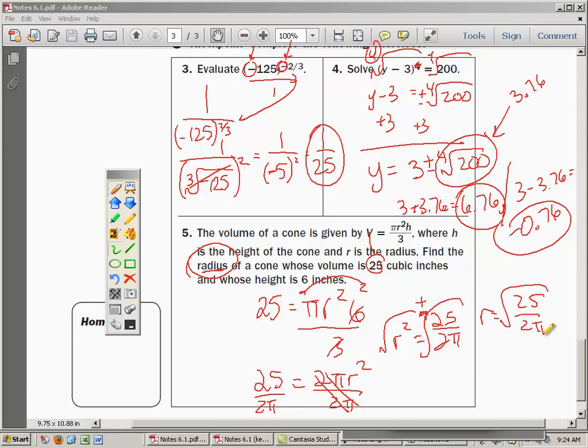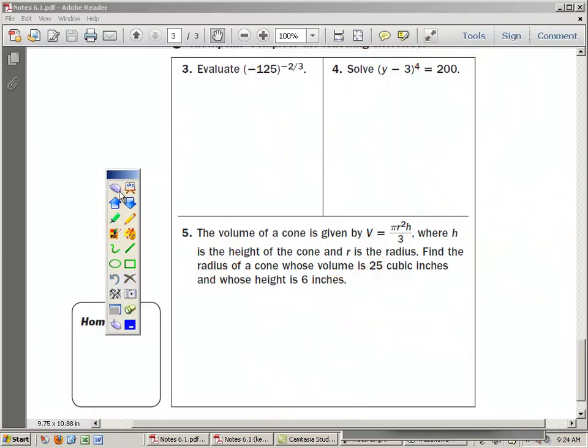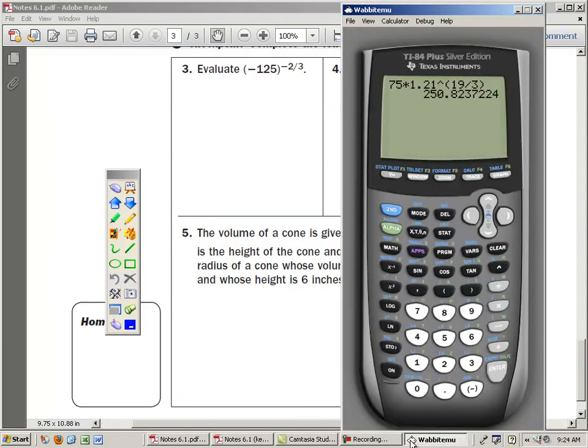All right, so we'll fire over to our calculator, which is right here. We want 25 divided by 2 pi.